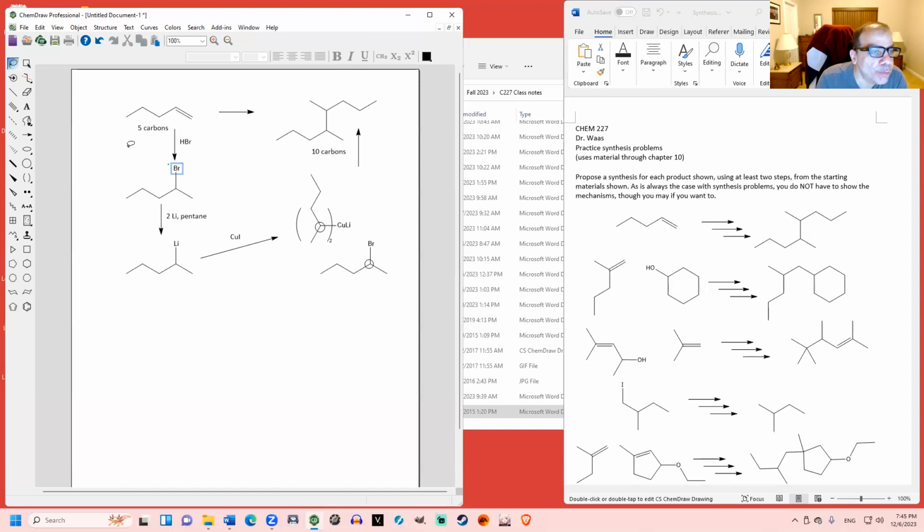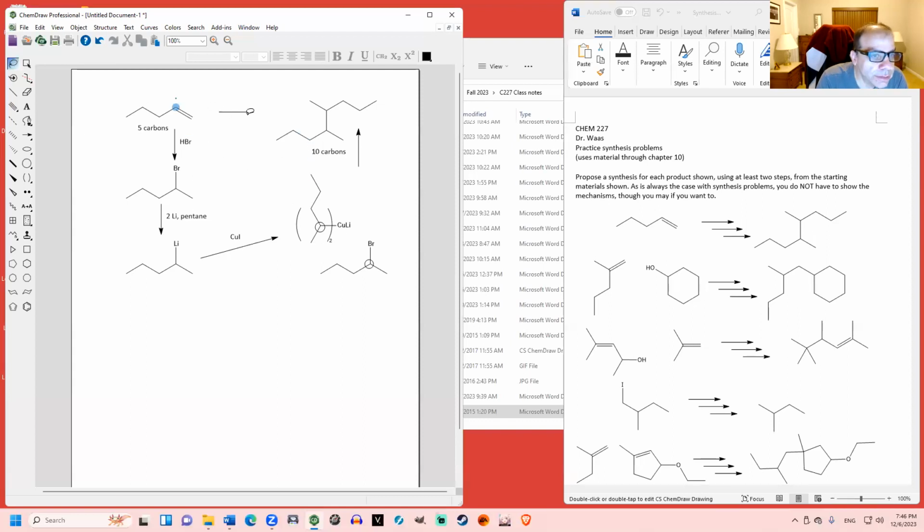So the full synthesis would be treating the 1-pentene with HBr to give 2-bromopentane, taking some of the 2-bromopentane and making the alkyl lithium by treating it with lithium metal and pentane, then converting the alkyl lithium to the cuprate, and finally treating the cuprate with some more of this alkyl halide that we made, and that will give you this compound.